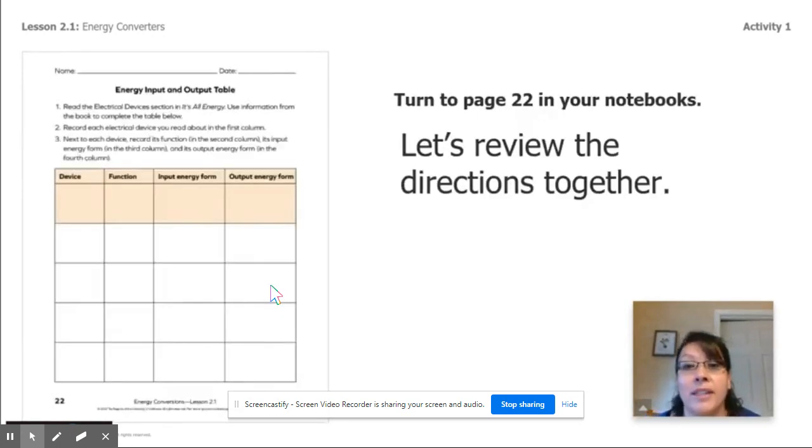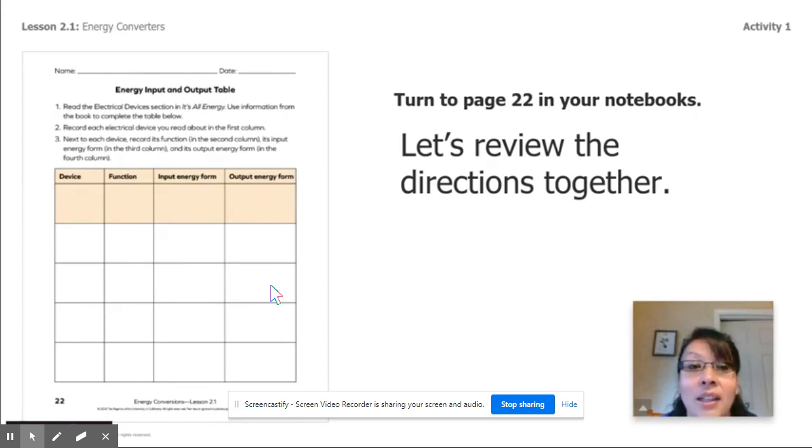If you have your investigation notebook, you can please turn to page 22. If you don't have it, it's not a big deal. You can just pause this part of the video and try to make a graph, just like I have here. The columns in your graph are device, function, input energy form, and output energy form. So here are the directions. Read the electrical devices section, and it's all about energy. Use information from the book to complete the table below.